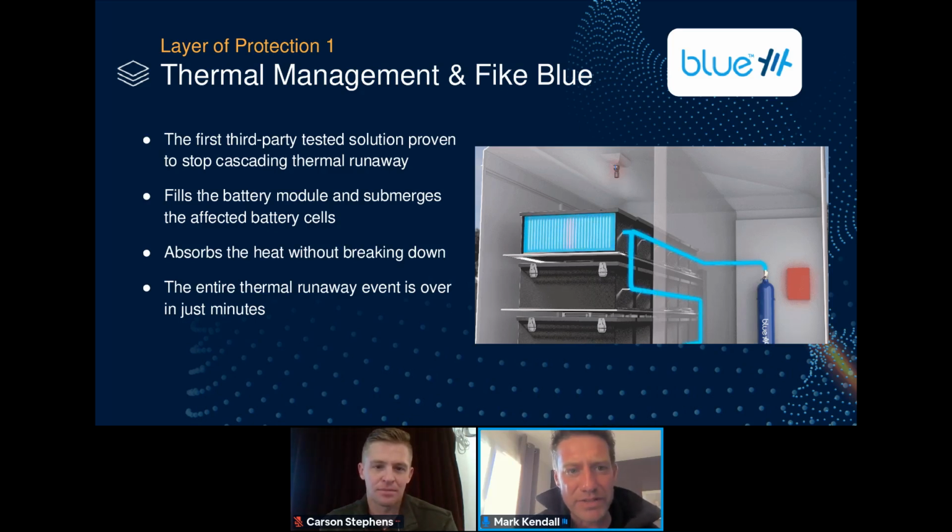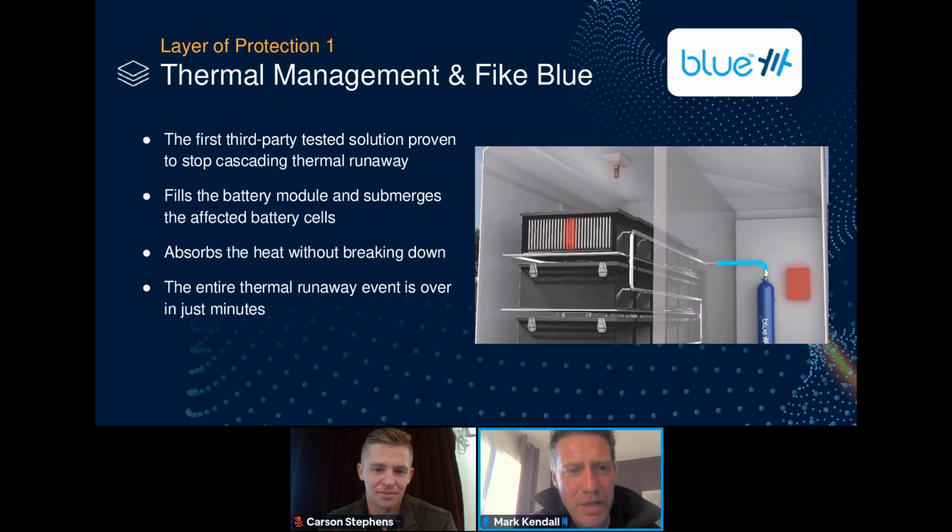Now, there are a number of ways that you can look at thermal management. One is spacing. Air is a fairly good insulator, so having spacing between cells is a method of thermal management. Isolation, having barriers between cells, is another.